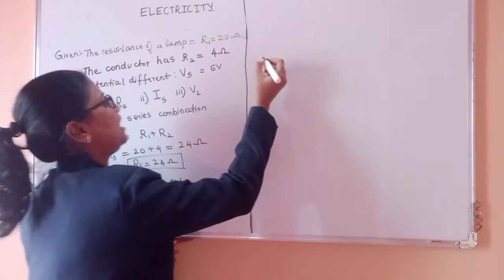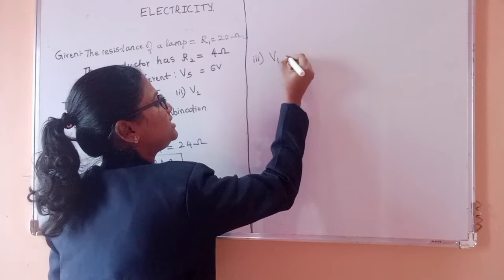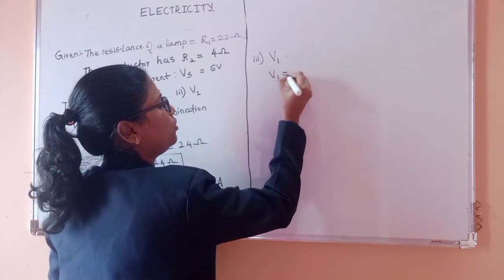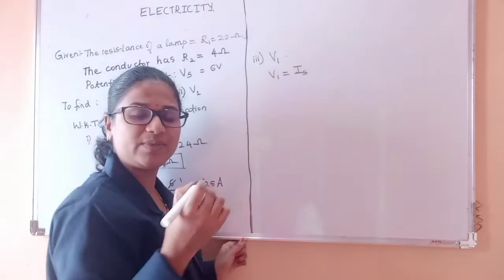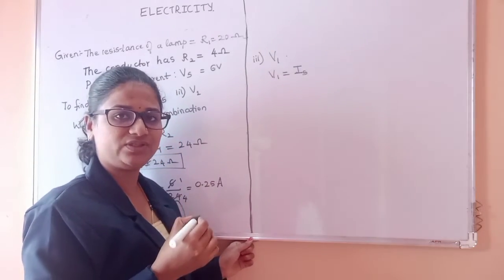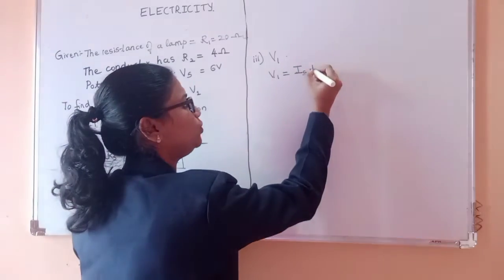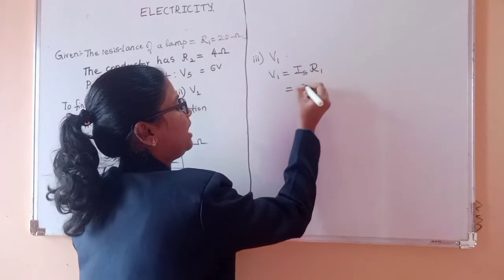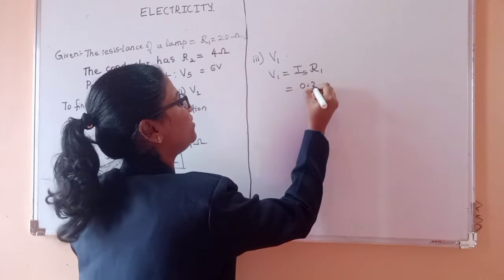Then third, they asked regarding V1. V1 is equal to, okay, so that is I into Is, because current remains constant in series combination. That is why we should consider the total current Is into R1. Is is 0.25.